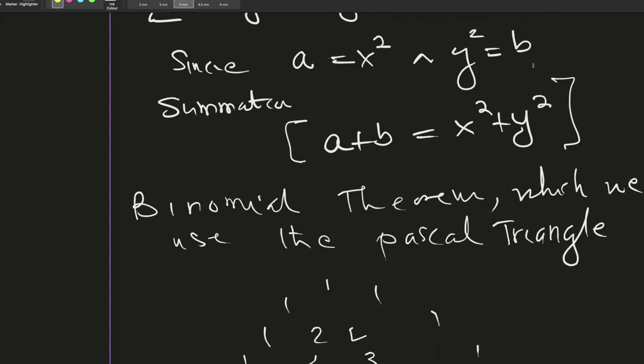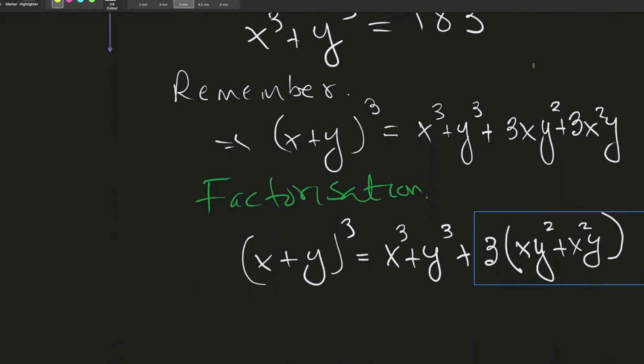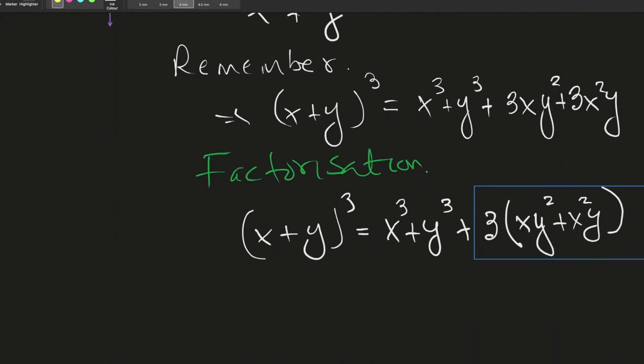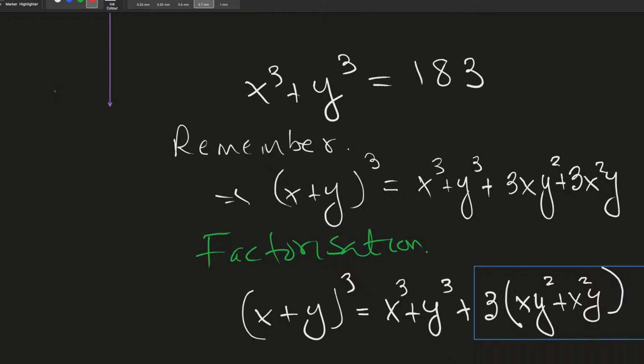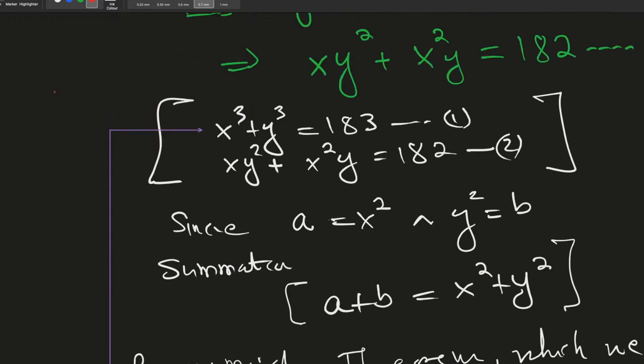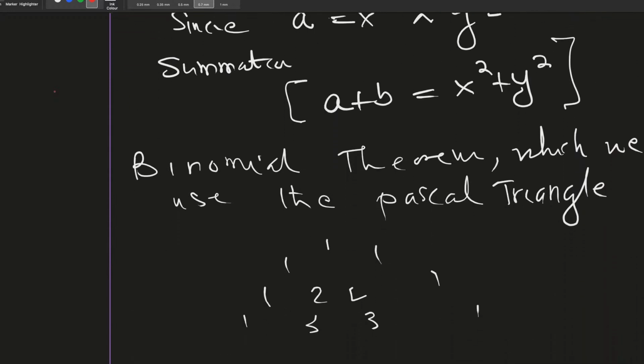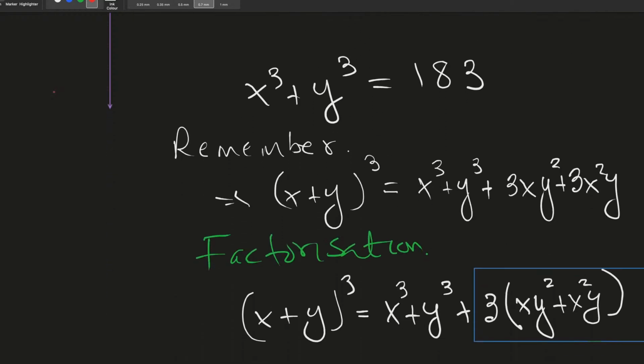So we can see that, let me put it here. So this, friends, let's look at it. So you see that this is our equation. This x cubed plus y cubed is our equation 1. And the second expression is our equation 2.